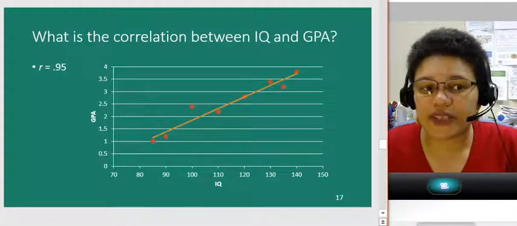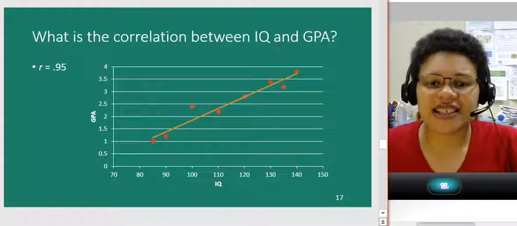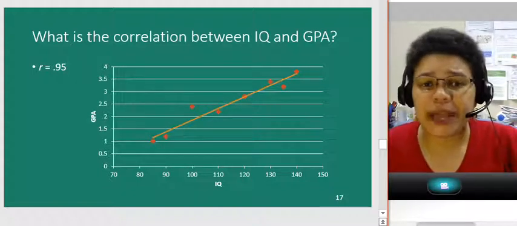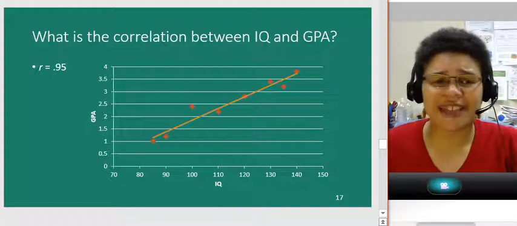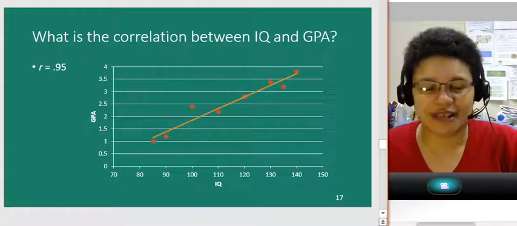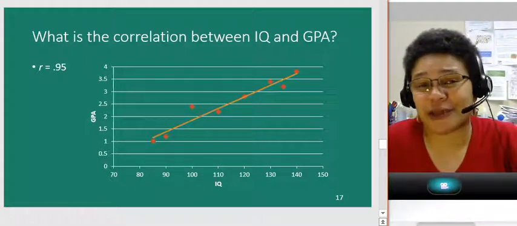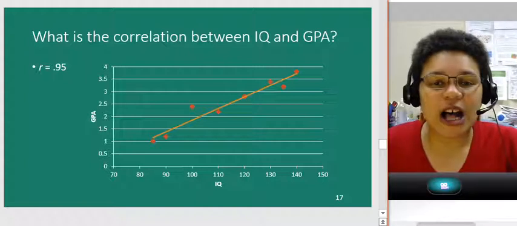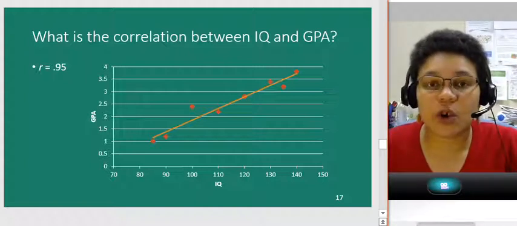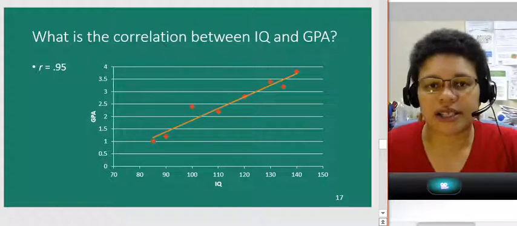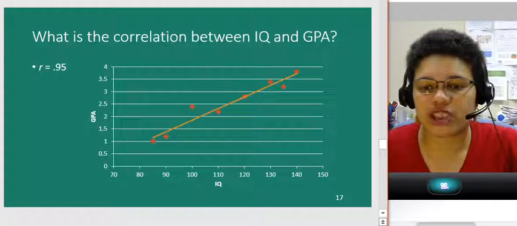So for example, this is slide 17. Maybe this is made up data. Maybe the correlation between IQ and GPA is 0.95. It's not. But maybe it is for some sample somewhere. That means that there's a high positive correlation, a very strong correlation between IQ and GPA.